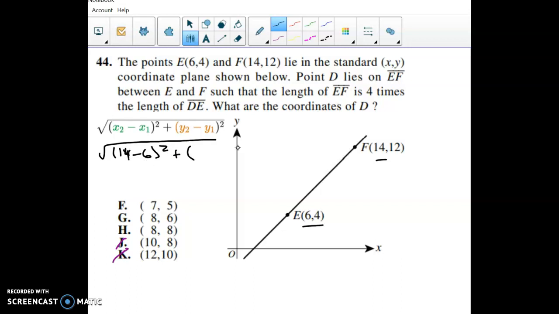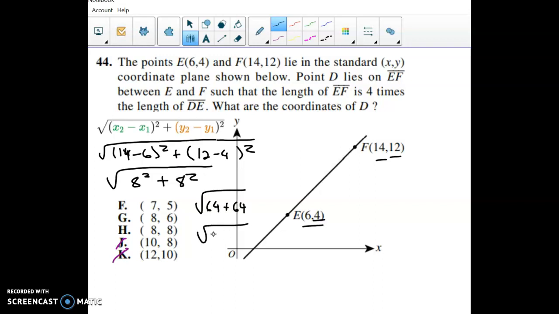Then my y's are 12 and 4, so I'm just going to do 12 minus 4 and then square that. So we end up with 8 squared plus 8 squared. So 8 squared is 64, so it's the square root of 64 plus 64, so it's square root of 128.